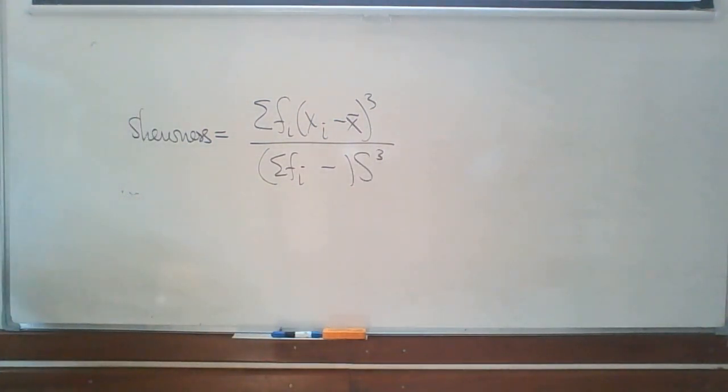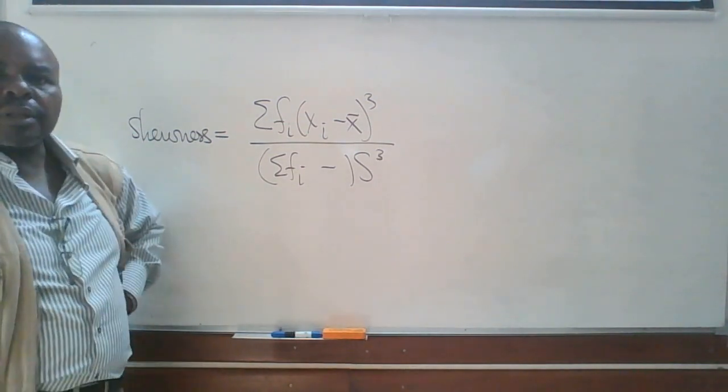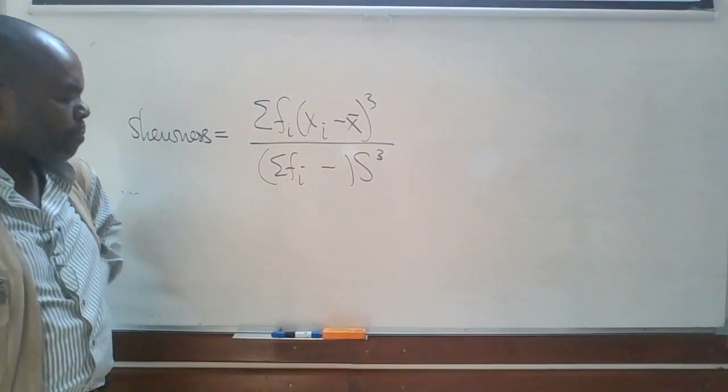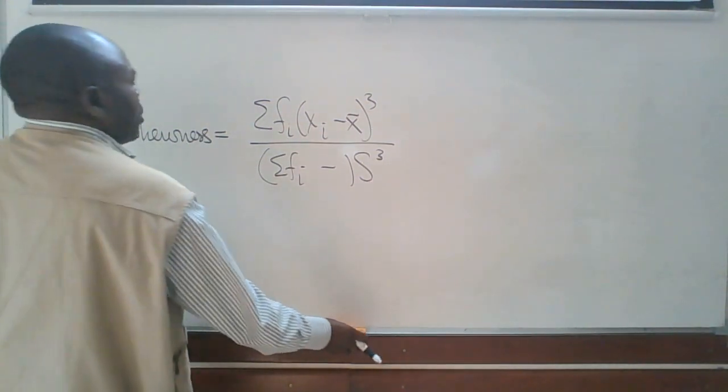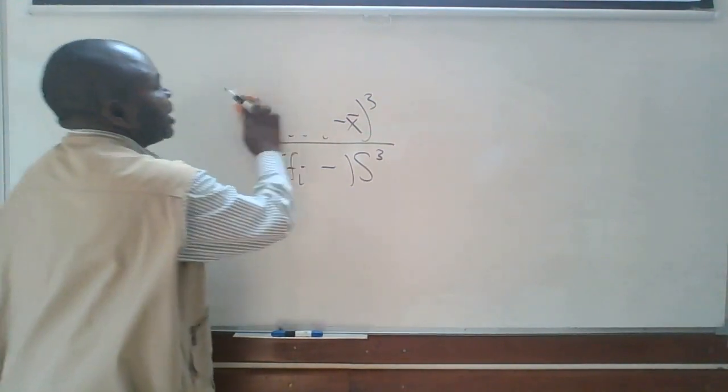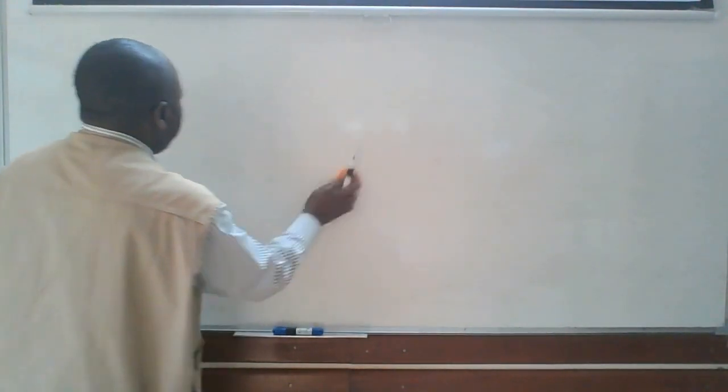That is if data occur with frequencies. So we've talked about skewness, which measures how symmetric data are about the mean.